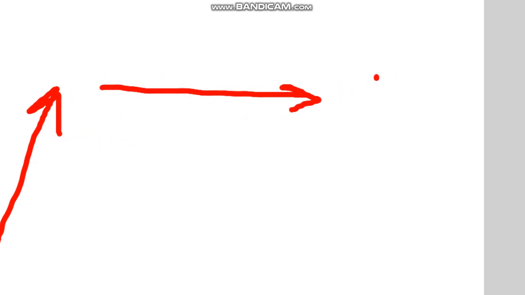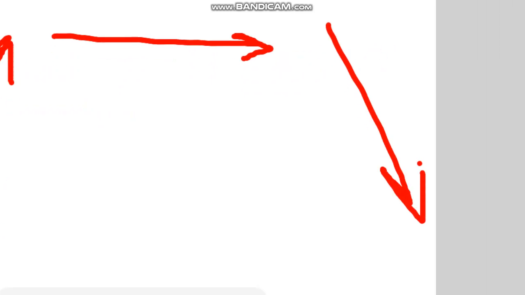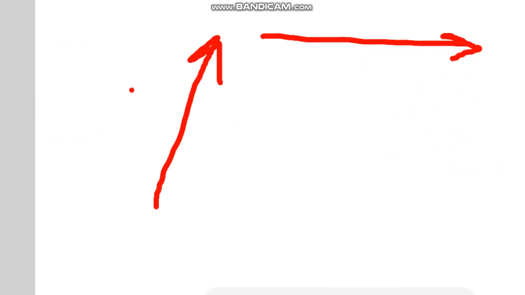And then we have the downtrend, where it is printing lower highs and lower lows. Essentially, theoretically, this is how the market moves, but it doesn't move in a straight pattern as I have drawn right here.